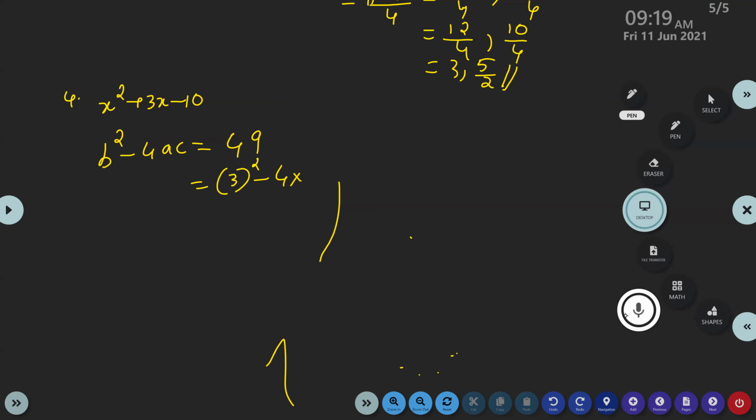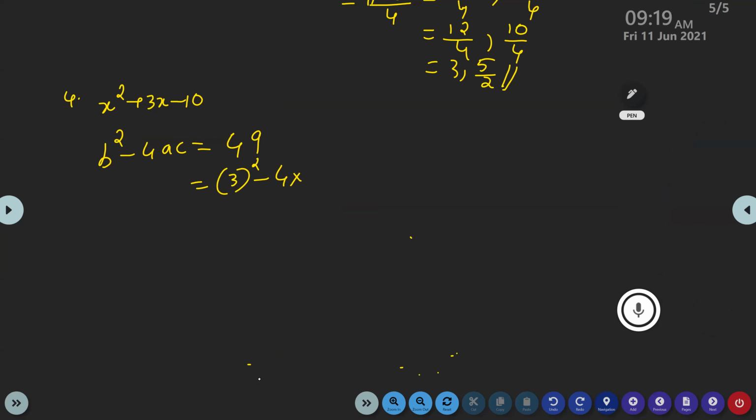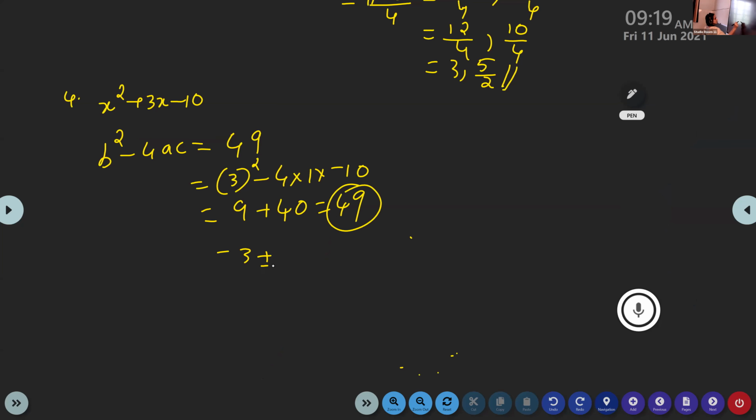Yes, ma'am. So b square minus 4ac: b square is 3 square minus 4 into a into negative 10, so it is 9 plus 40, which is 49. Those who made a mistake, correct it. Now, minus b plus or minus root 49 by 2: minus 3 plus or minus 7 by 2.